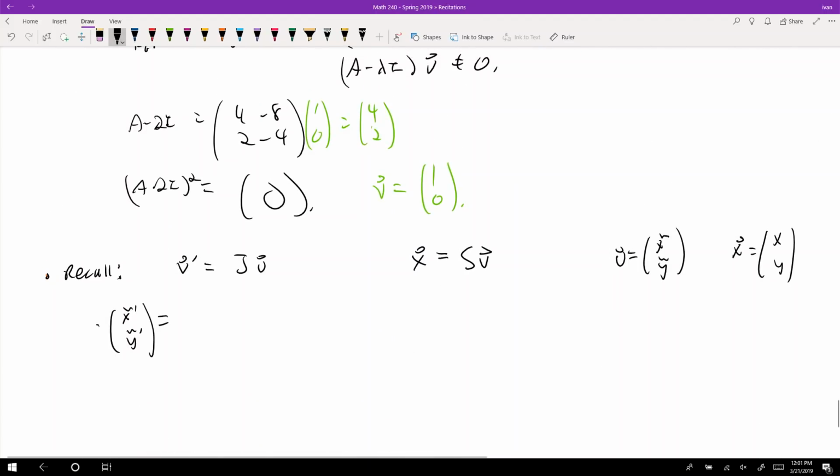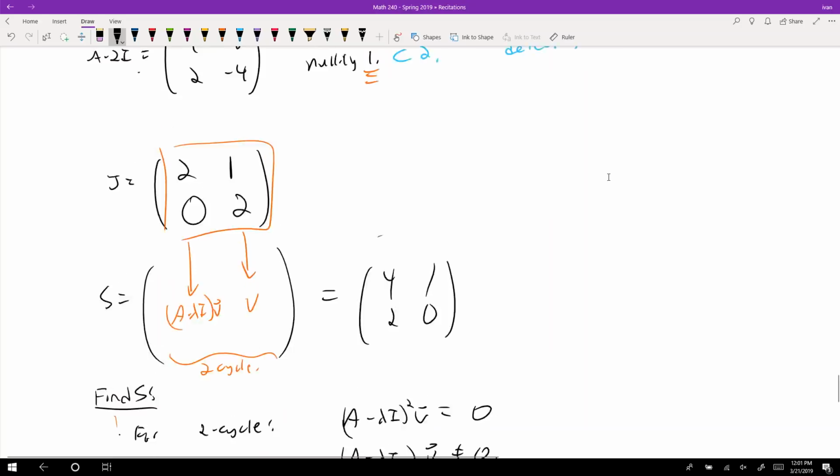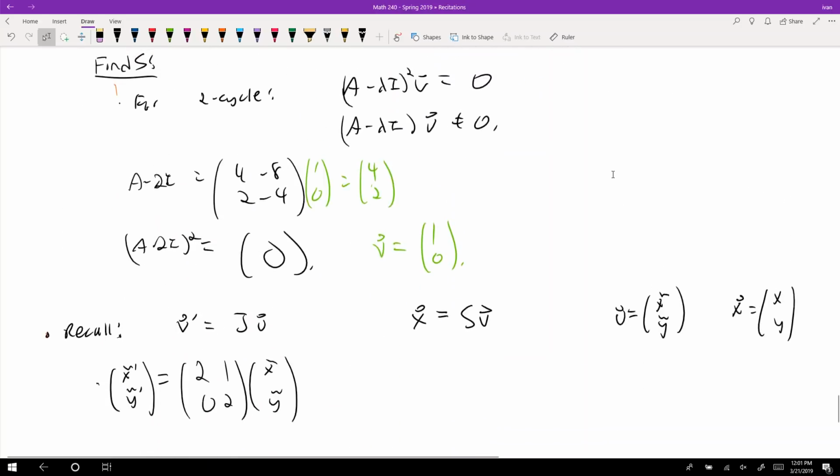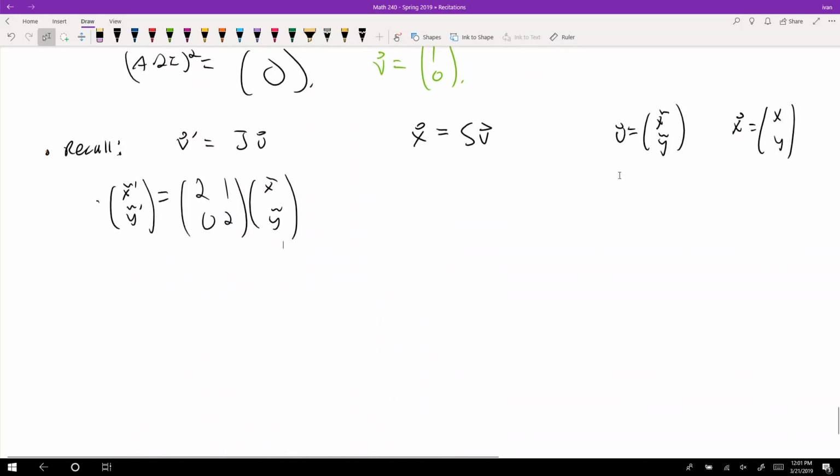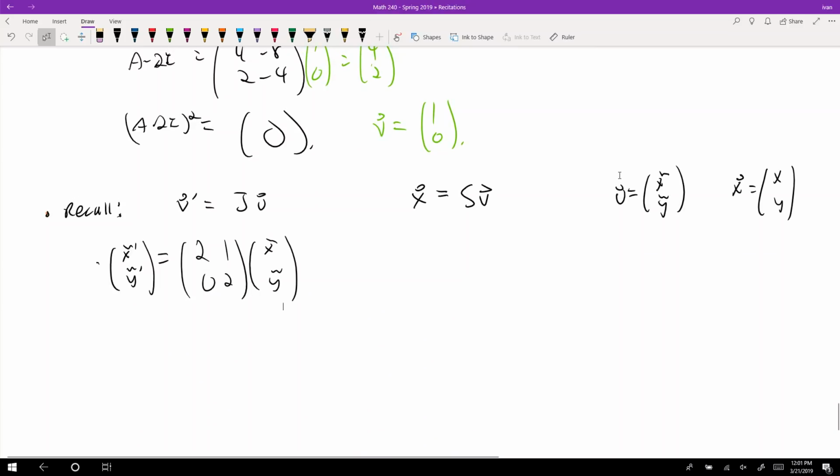Now V prime, X tilde, Y tilde prime is equal to J, which was 2, 2, 1 that we found above, times X tilde, Y tilde. If we break this out again, the first row is X tilde prime equal to 2X tilde plus Y tilde, and the bottom row is Y tilde prime equal to 2Y tilde. That's just multiplying everything out.